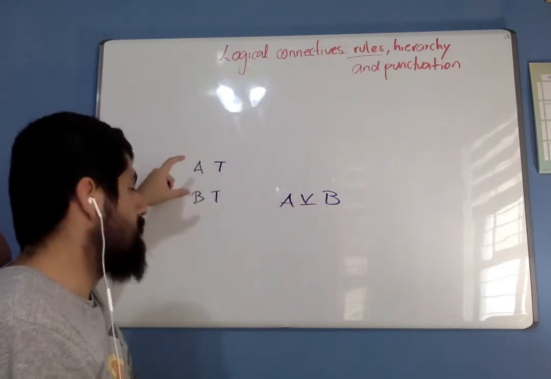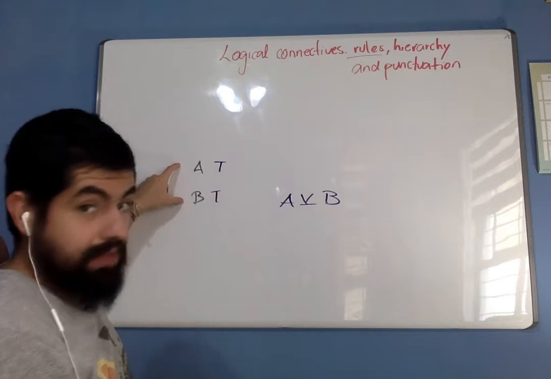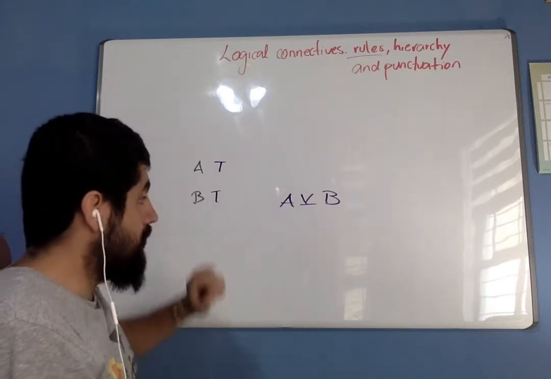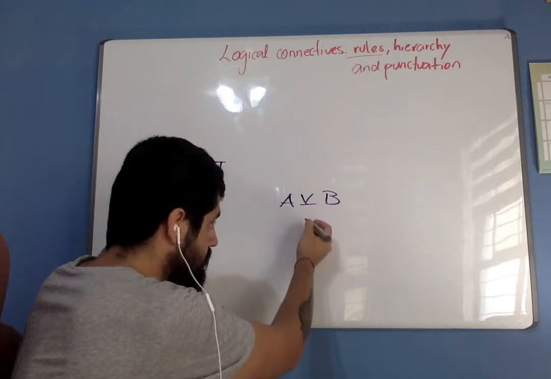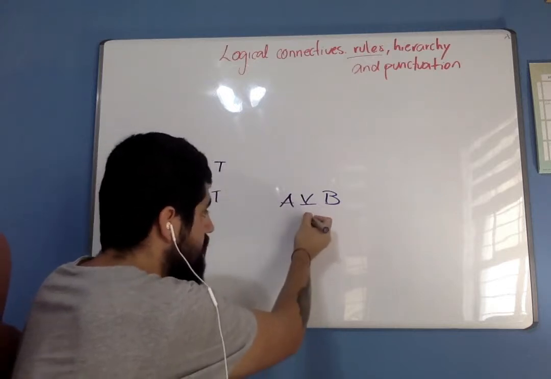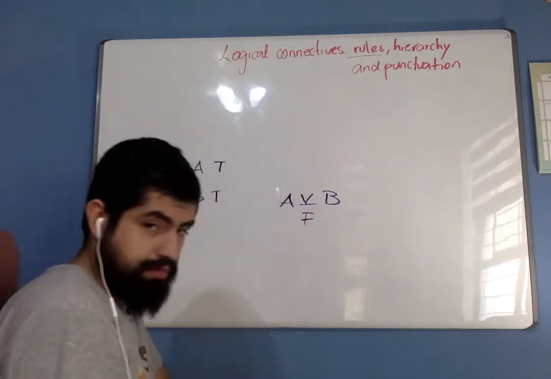Do A and B have different values? In this case, no. So the exclusive disjunction between A and B is going to be false.